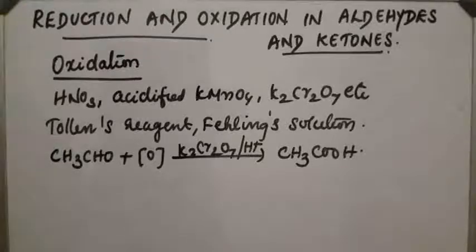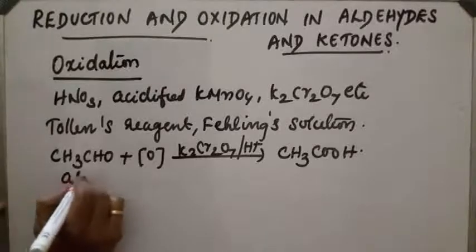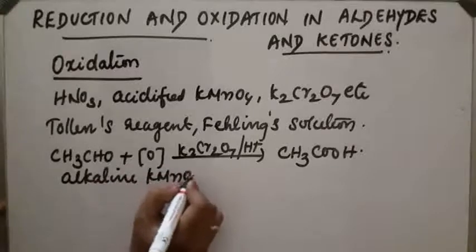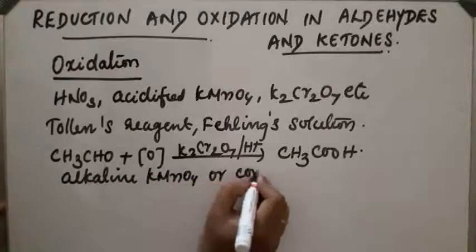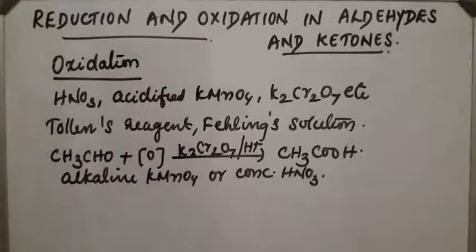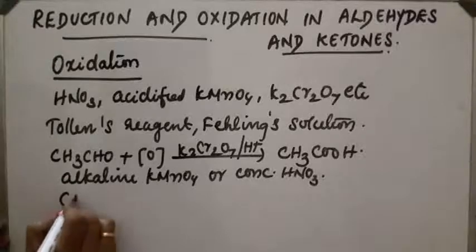So we use strong oxidizing agents like alkaline KMnO4 or concentrated HNO3 for the oxidation of ketones. Ketones oxidize to the corresponding acids which have fewer carbon atoms than the parent ketone.